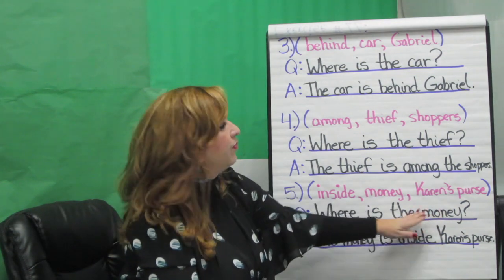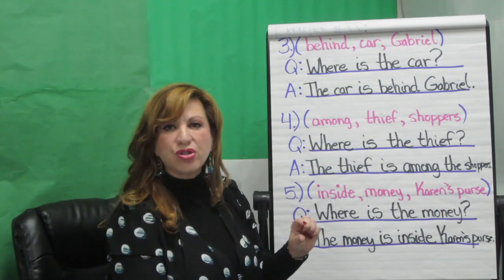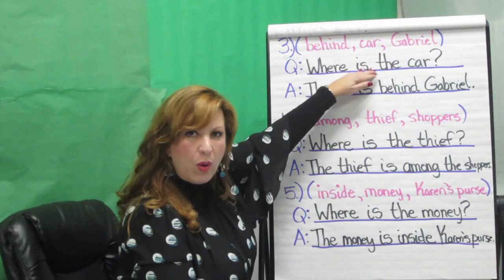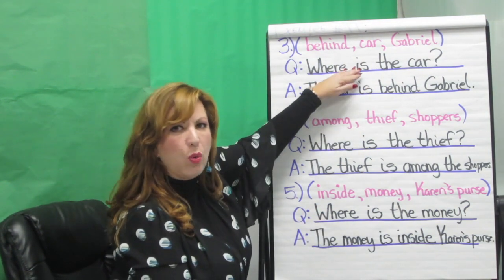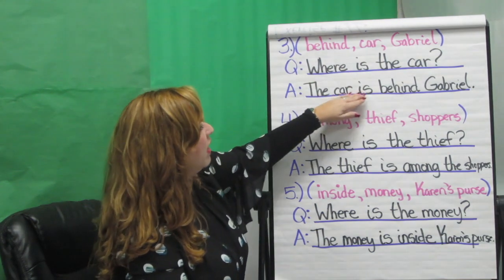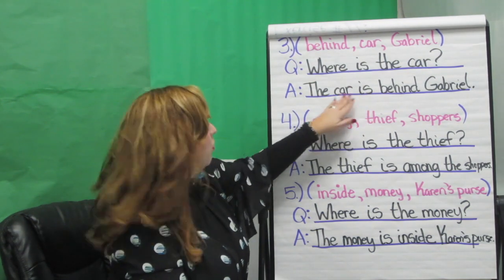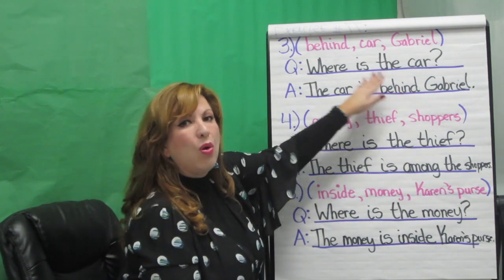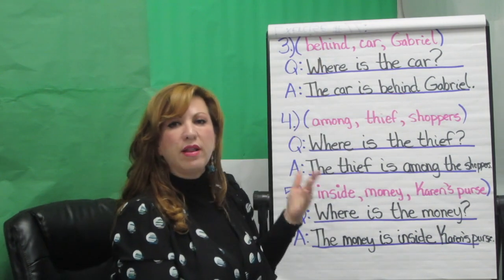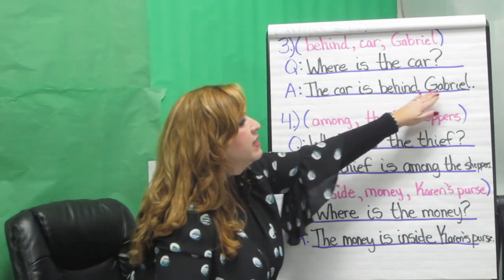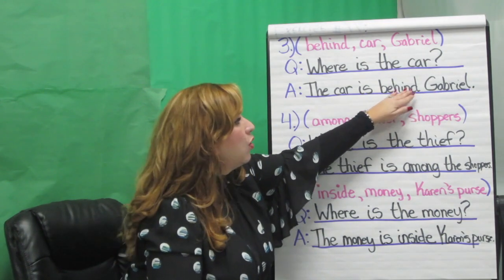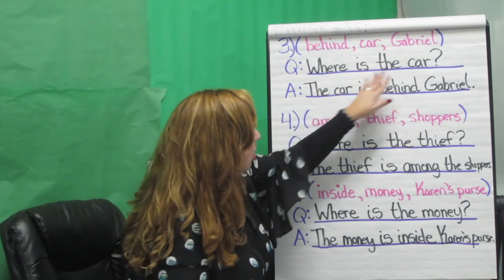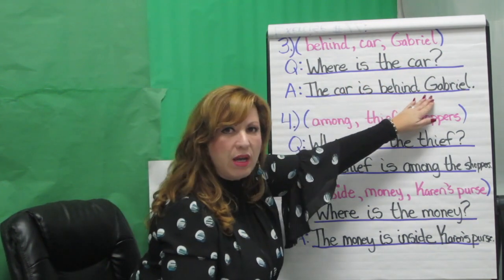And when I am answering the question, I begin with my noun because I'm addressing the question. The car is followed by the helping verb. The car is behind Gabriel. And remember, where questions are asking for a location. So behind Gabriel is the answer to the location of the car.